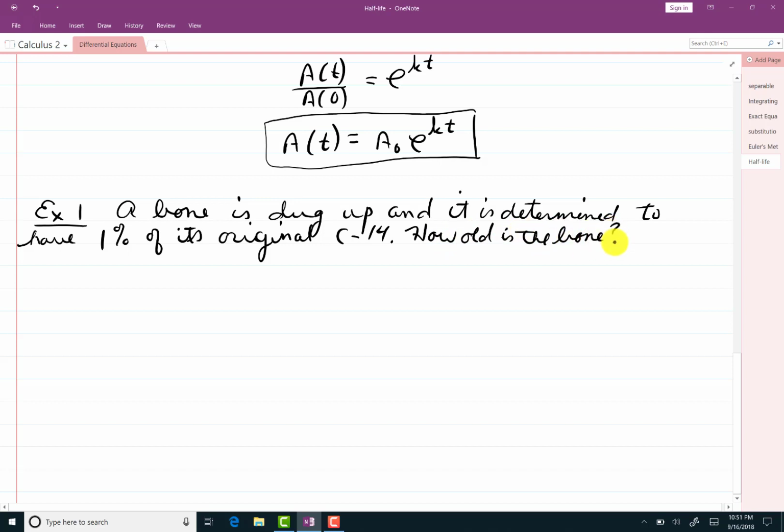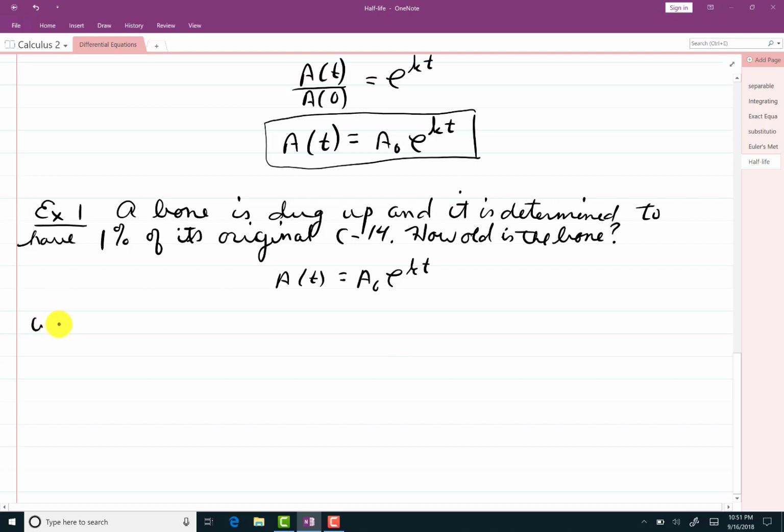And so we're going to appeal directly to this equation here. First we have A of t equals A naught e to the kt. We know this information: since we're using C14, C14's half-life is 5,730 years.